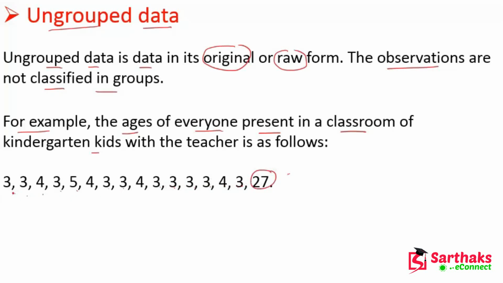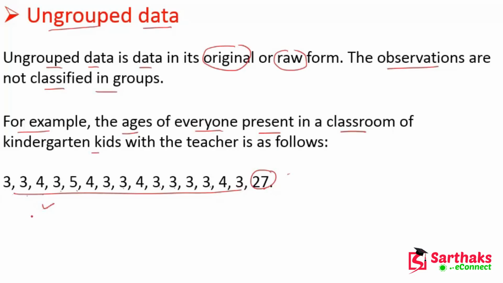These are the ages of the kids, and 27 is the age of the teacher. This data shows that there is one grown-up person in this class, the teacher. Ungrouped data is easy to work with when the data set is small.